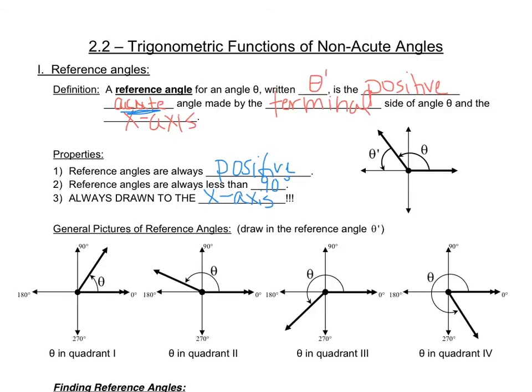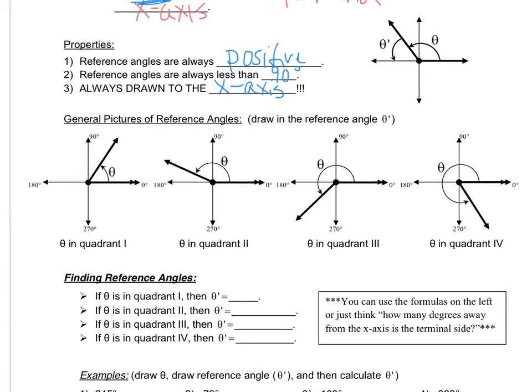So if we look at these examples, if we're in quadrant 1, then the reference angle is whatever theta is. So we have theta prime for the reference angle. Okay. If we're in quadrant 2, we always draw it with respect to the x-axis.